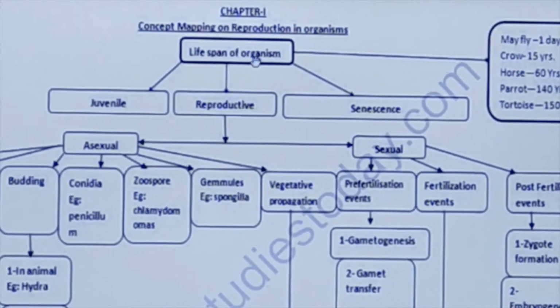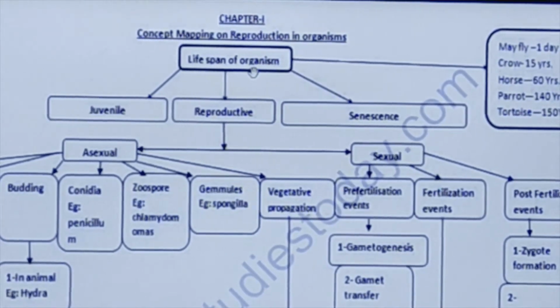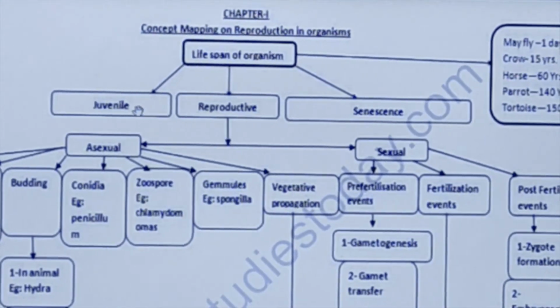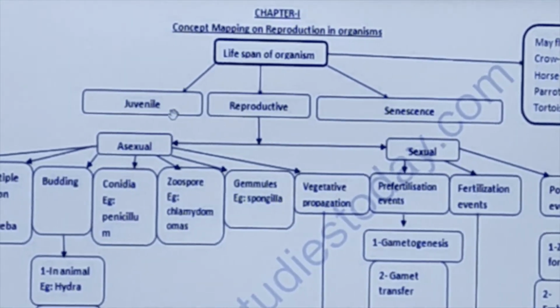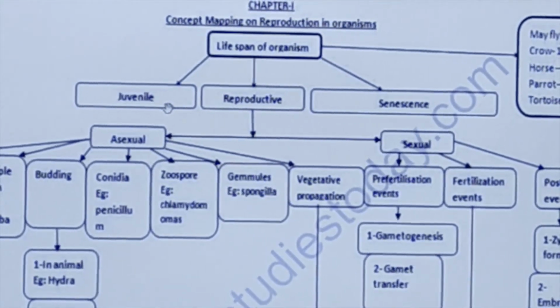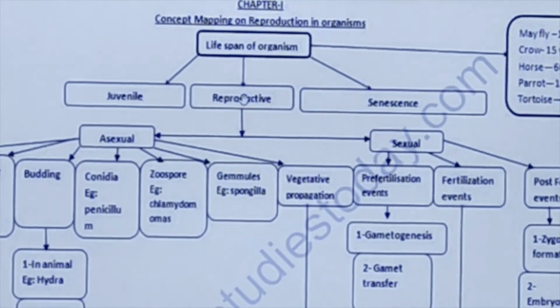As you know, lifespan has three phases, starting from birth to death, that we have seen: juvenile, reproductive and senescent. Here also the definition can be asked. Juvenile is the phase starting from birth till it attains maturity, that is reproduction capability. Next phase is the reproductive phase.